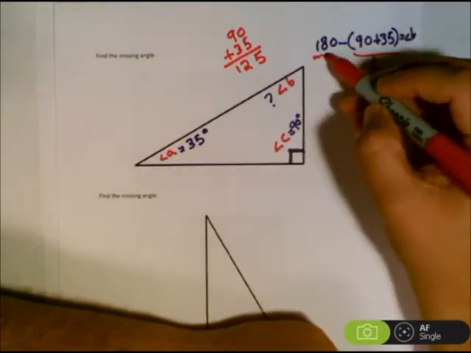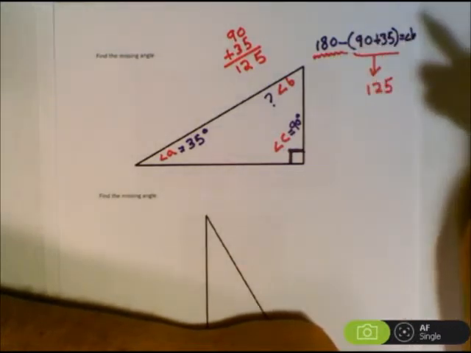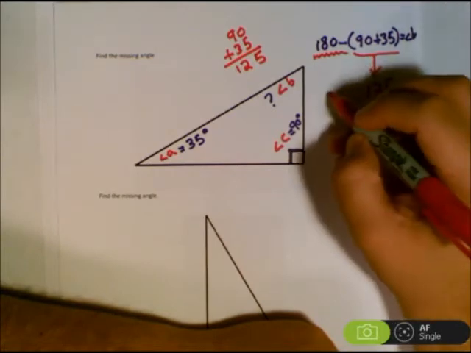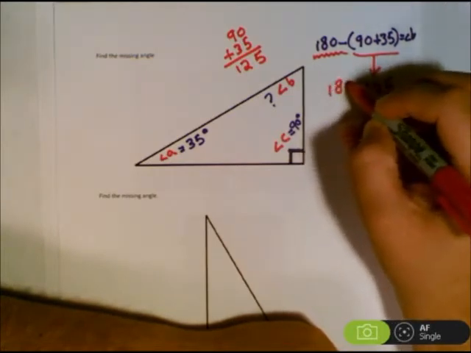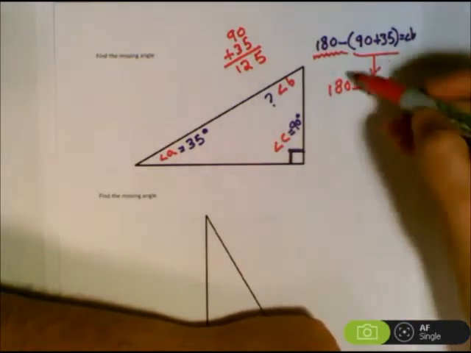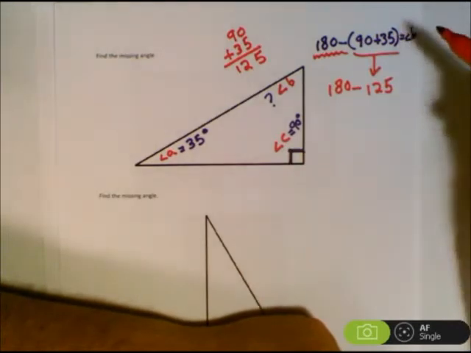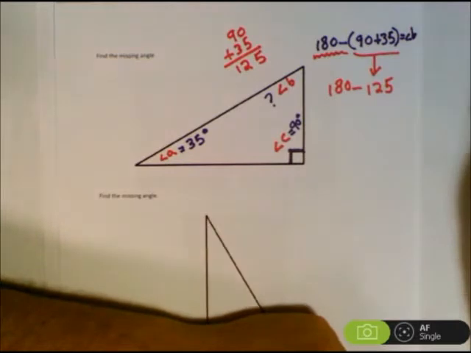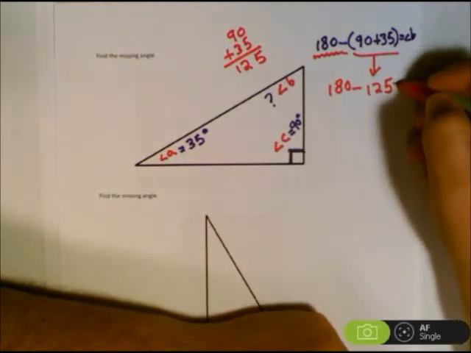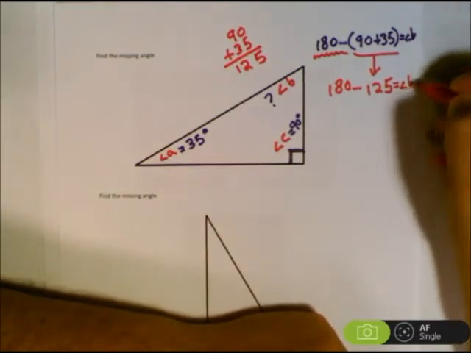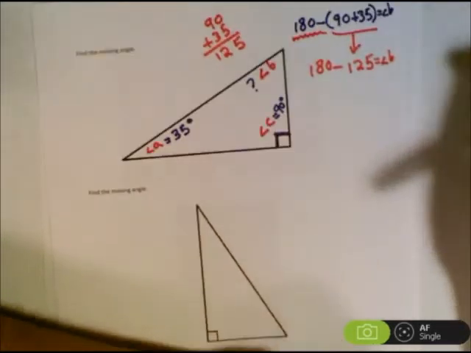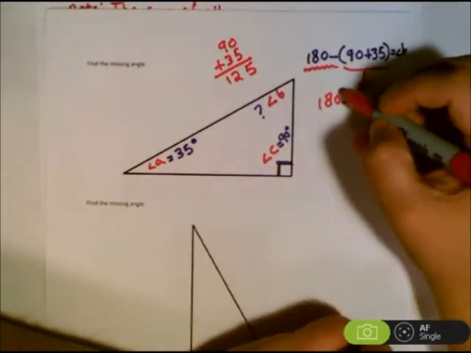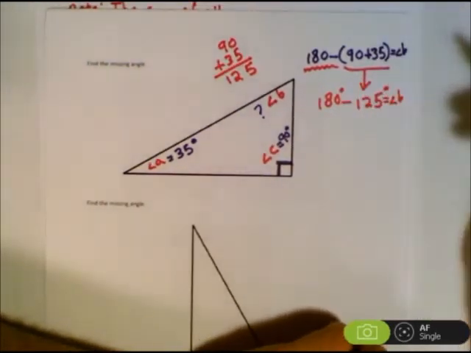Don't forget about the 180 degrees and the subtraction symbol. So it's 180 degrees minus 125, and that is going to give us angle B.